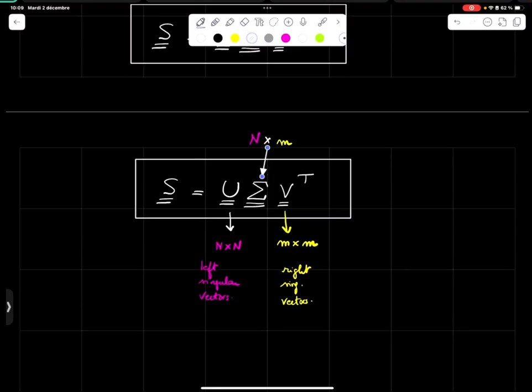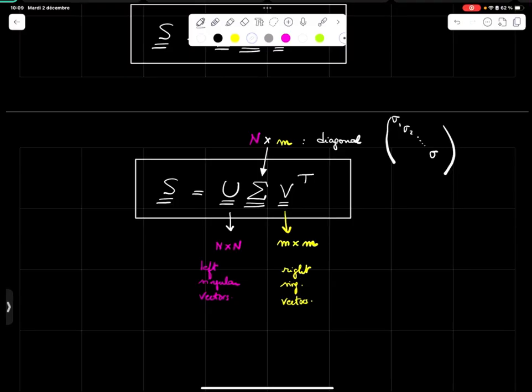It is known as the singular value matrix. It is a diagonal matrix with the singular values, which are usually called sigma 1, sigma 2, up to sigma n, if I'm not mistaken.